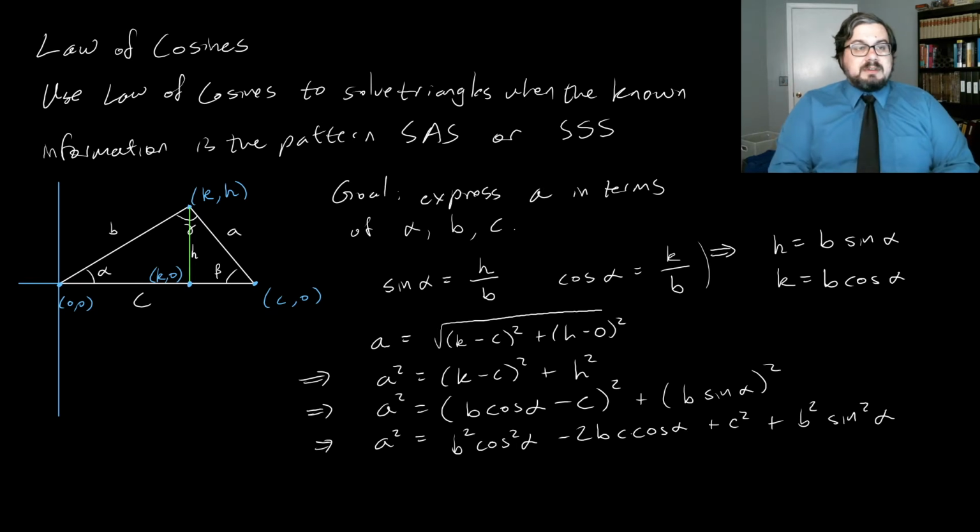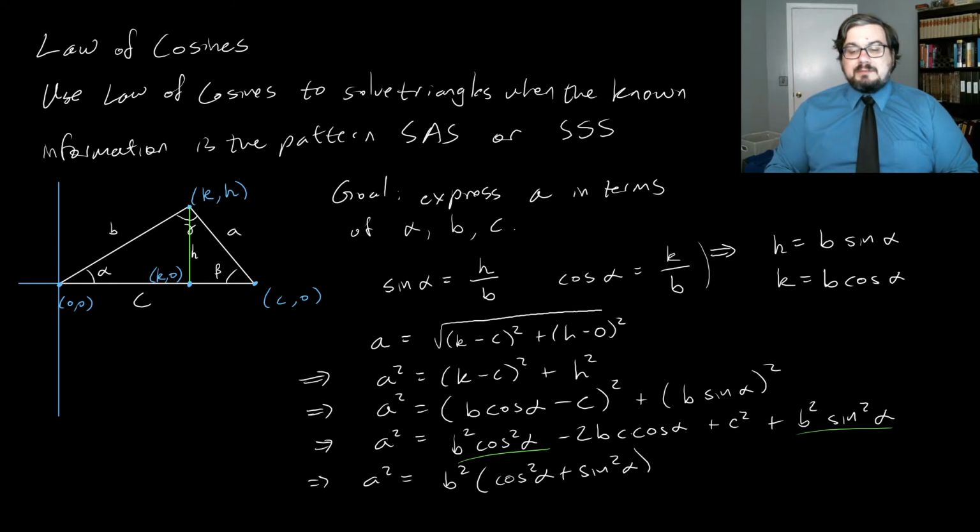Now you'll notice that we have two terms here that each have a b squared as part of them, and they're multiplied by a sine squared and a cosine squared. If we gather those up, we could write this as b squared times cosine squared alpha plus sine squared alpha plus c squared minus 2bc times cosine alpha.